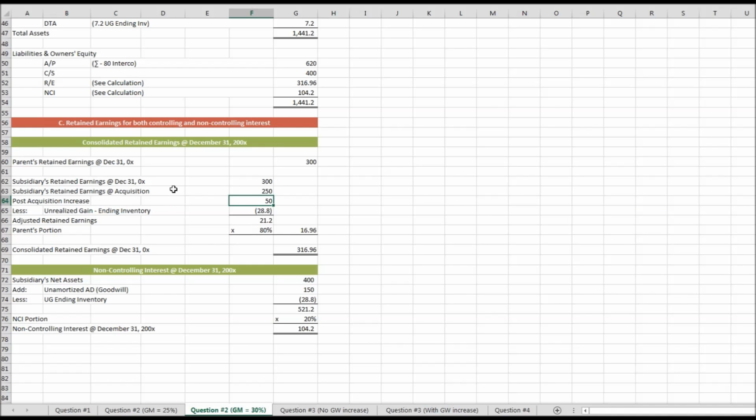Now, as we discussed, inventory is a current asset, and it has to be more than a year for that inventory to leave the consolidated entity and to actually record that as profit or to have a realized gain on that inventory. So basically, since the ending inventory over here hasn't been a year, we're going to take that out since it's unrealized gain. And we're simply doing that because our income after tax gets put over into retained earnings.